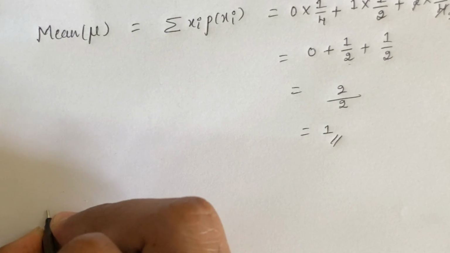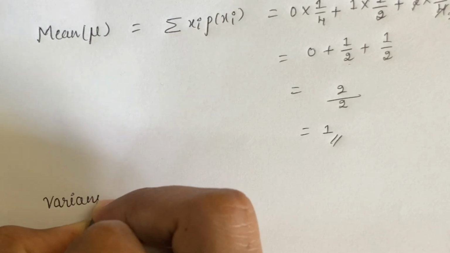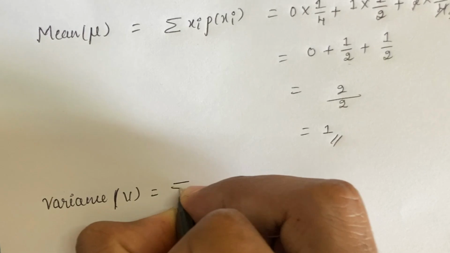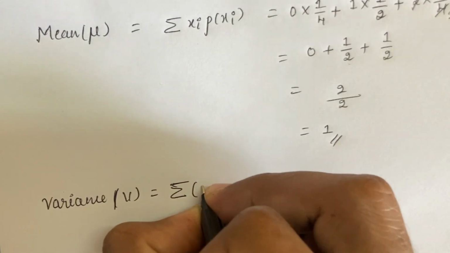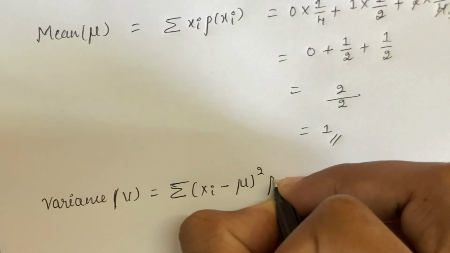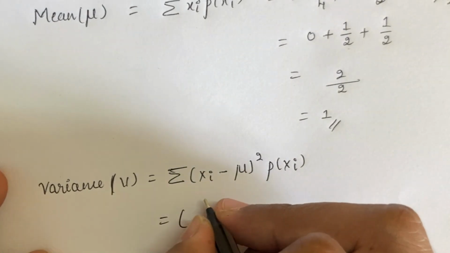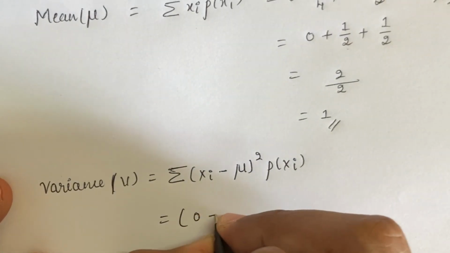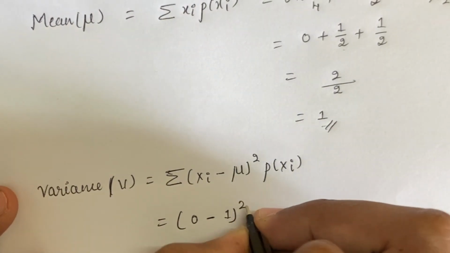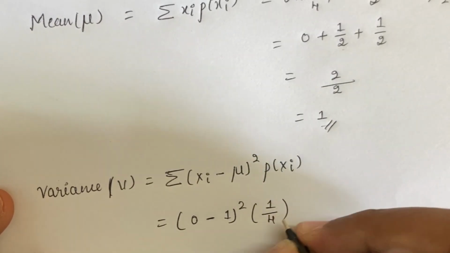Now they also told us to find the variance. What is the variance formula? Variance V is equal to the summation of (xi minus mu) whole square into p of xi. Now the first xi is 0, so 0 minus the mean, which we already got, that is 1, squared. The p of xi value is 1 by 4, first value.